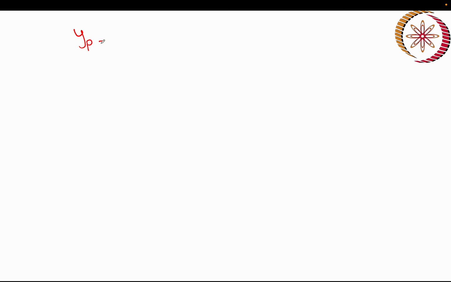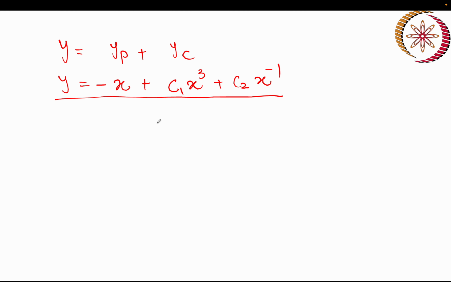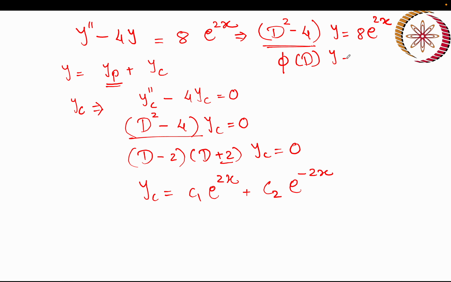So y particular we will get by, let's say, phi. One second. Okay, so we'll write this itself as y equals 8 e raised to 2x, and then this is, let's say, phi of D y is equal to 8 e raised to 2x.